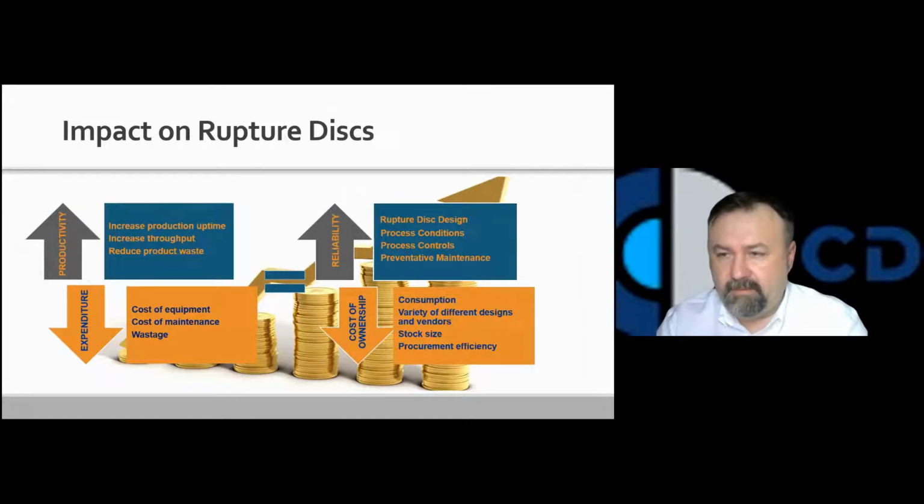The more reliable the process the rupture disc can process, the more productive the process is. Things like process conditions, industrial controls, and rupture disc design itself have a direct correlation on the productivity of the whole process.